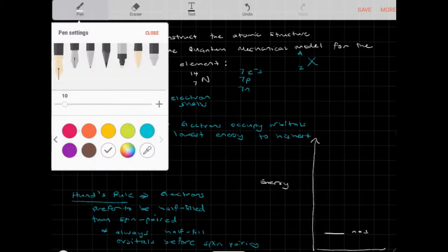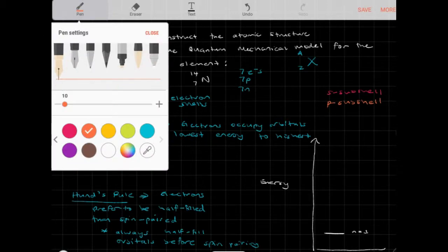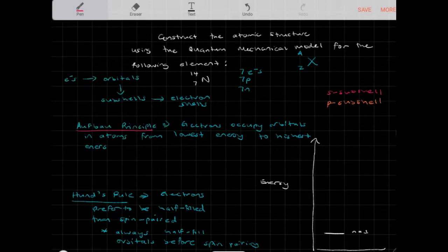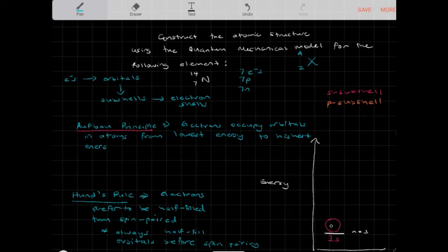I'm going to use red for the S subshells, and orange for the P subshells, right? This is the 1s subshell. In the 1s subshell, you can have up to 2 electrons, right? You fill the first electron, the second electron has to be spin paired. Spin paired means that it's rotating or moving in the opposite direction, right?